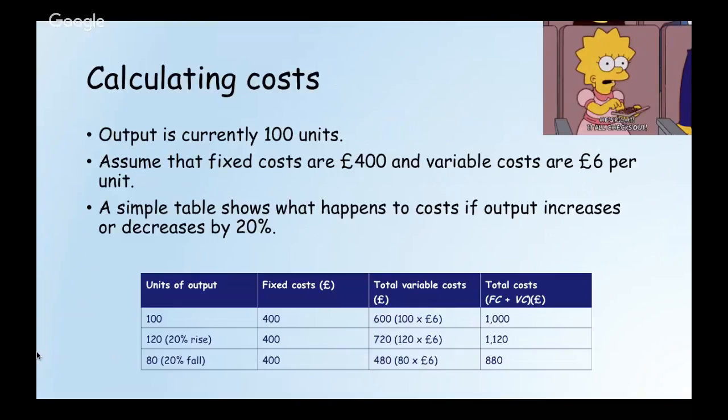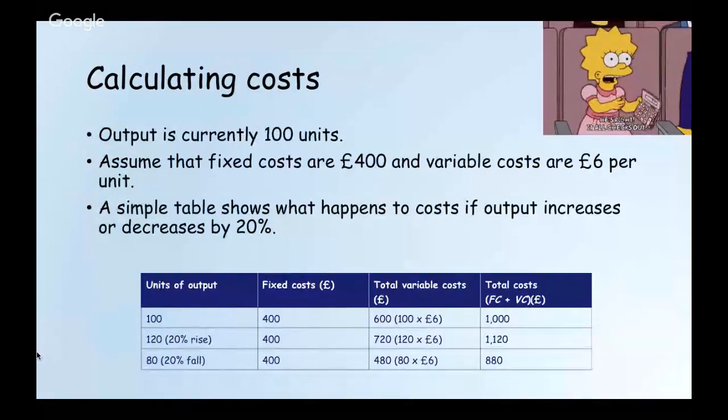If units of output fall to 80 units, fixed costs stay the same at £400. Variable costs fall to 80 times £6, giving us £480. And total costs would therefore fall to £880.